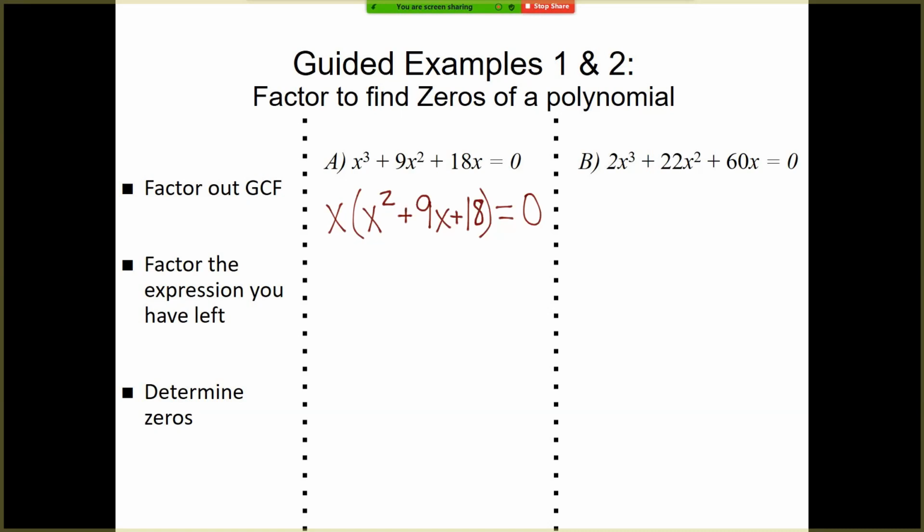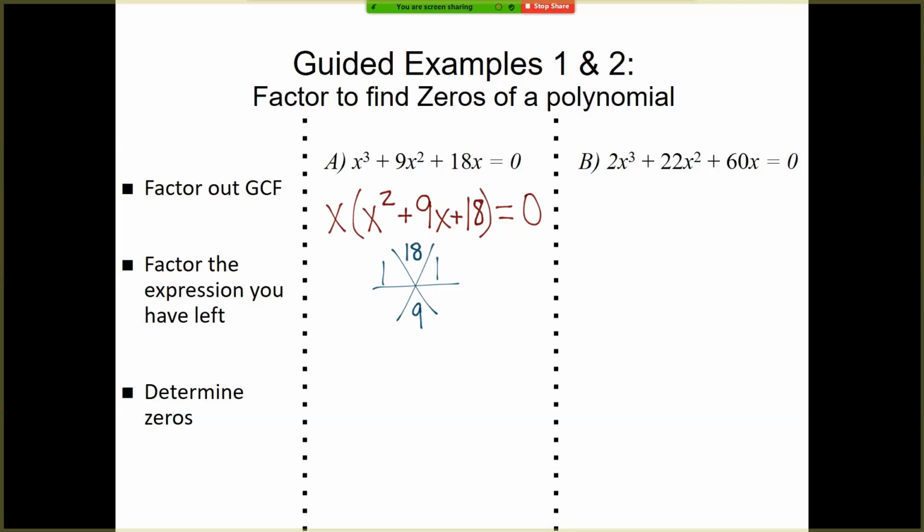Looking at what I have in my parentheses, x squared plus 9x plus 18 screams asterisk to me because it's got x squared in it. So we're going to take this and we're going to try to put it into our asterisks. 1, 1, 9, and 18 times 1, which is 18.